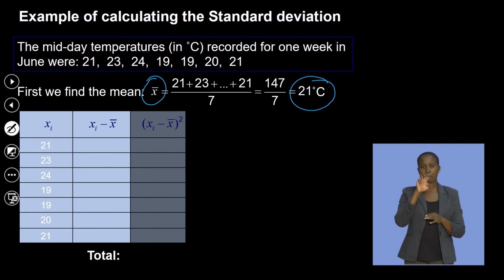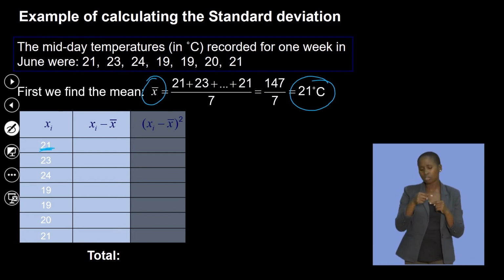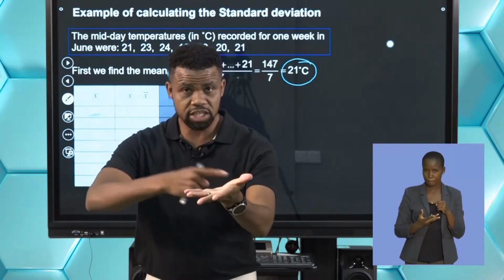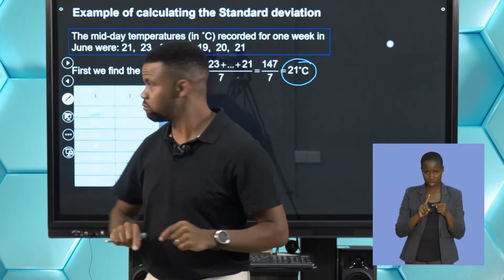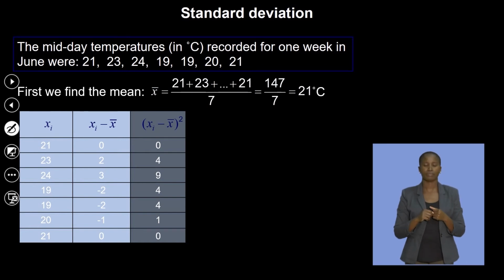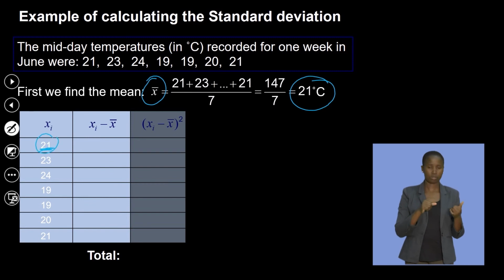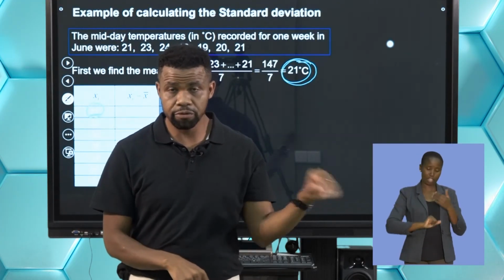Are we together? Then we look at that 21. How far is 21 from the average? The distance between that 21 degrees Celsius and the average will give us what? 0. Let's go back there. You can see that will give us 0.